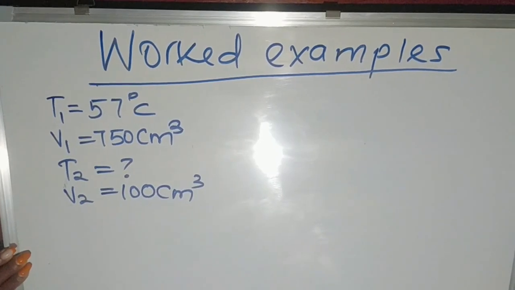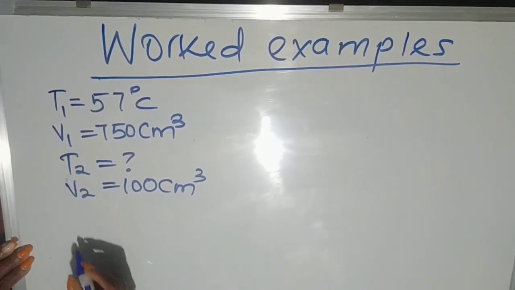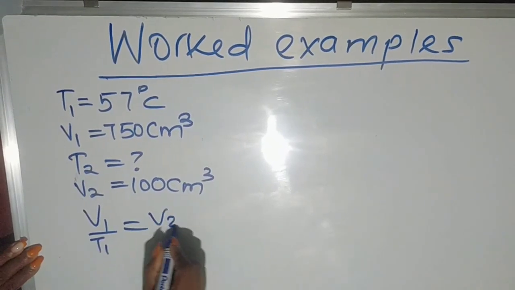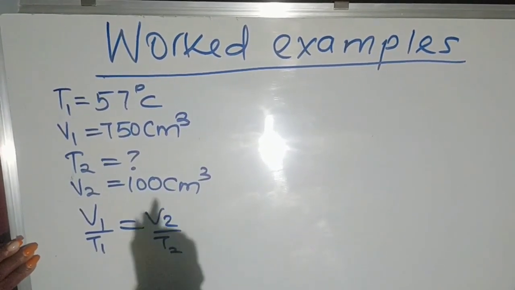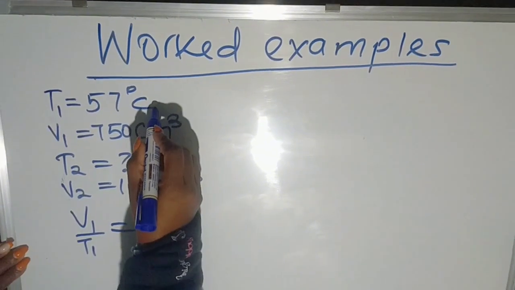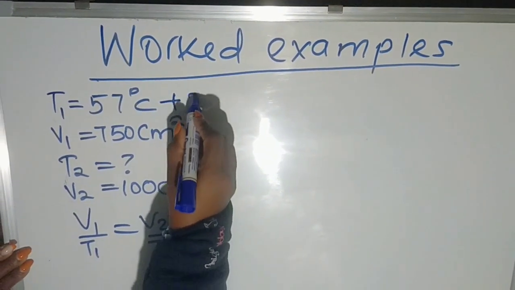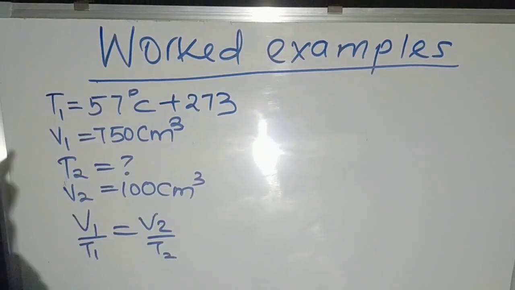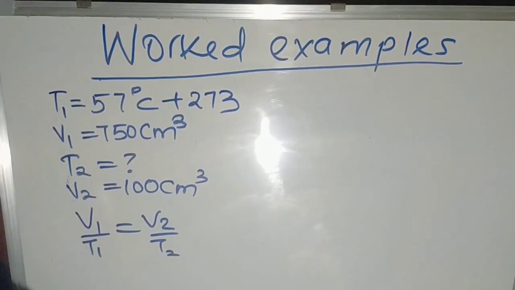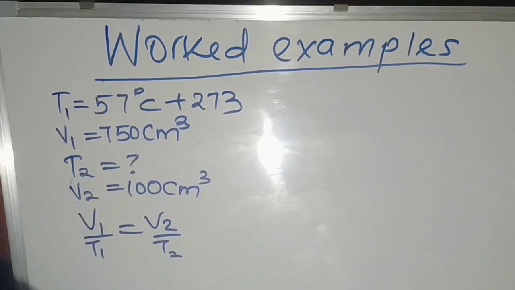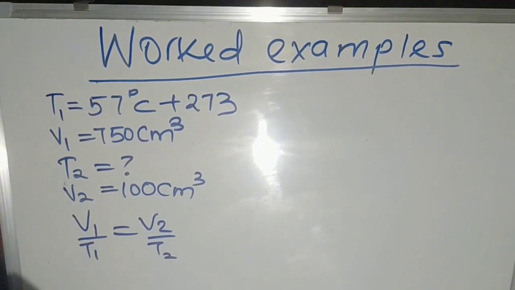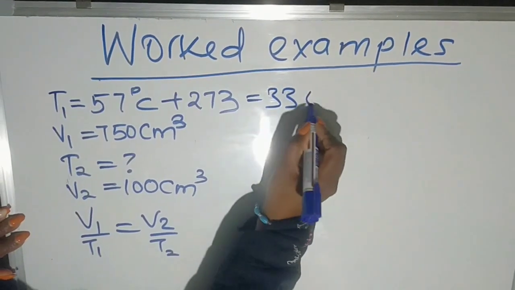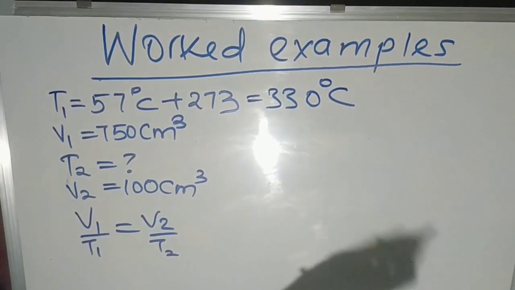So according to Charles' law, V1 over T1 is equal to V2 over T2. Then you always remember that temperature has to be in degrees Kelvin. So we add 273 to convert to degrees Kelvin. 57 plus 273 gives us 330 Kelvin.